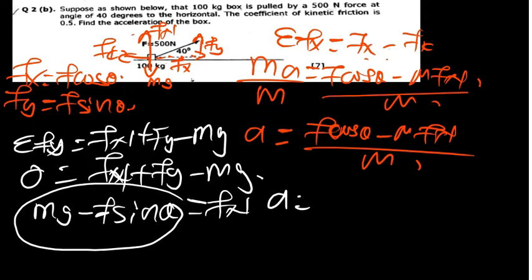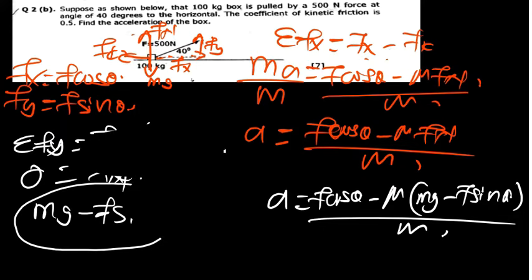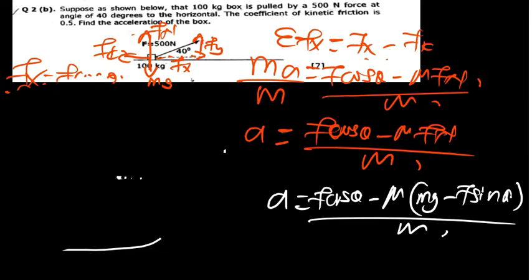So A is going to be F cos theta minus mu times, where there is Fn, I'm going to put mg minus F sine theta, and I divide it by m. Now, if I plug in the values and find the value of A, that is going to be my acceleration when there is friction.